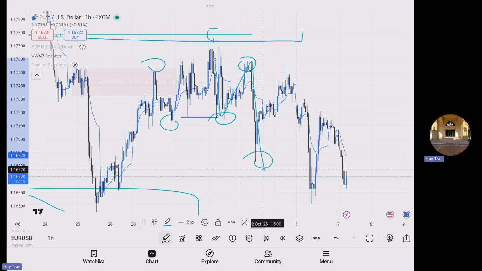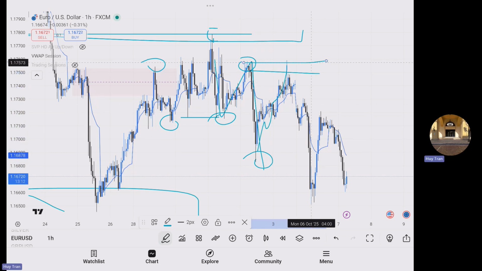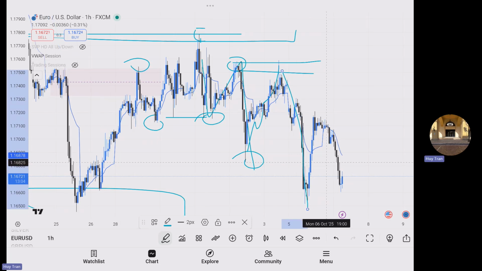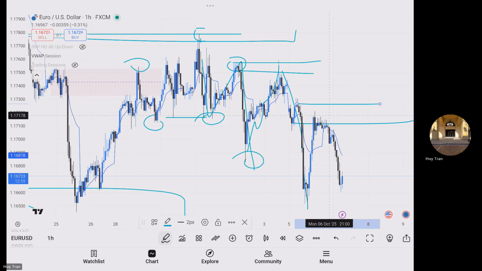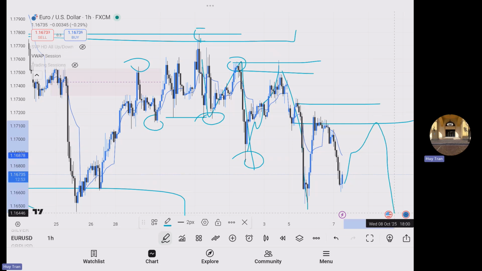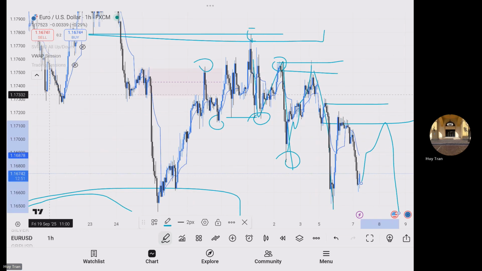After this leg, what do we see? After this, there's a transition. Price came back, mitigated this right here for another continuation. So high, low, retracement, continuation. And then what's price doing here? Retracing again. So we have one, two, three pieces of evidence indicating that price is going to go down.